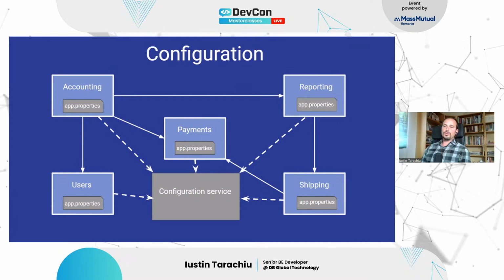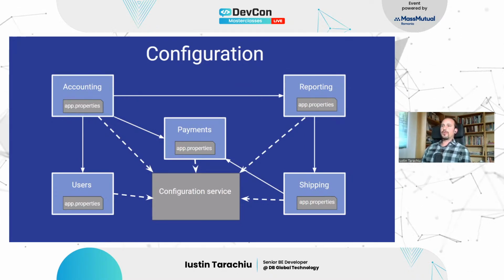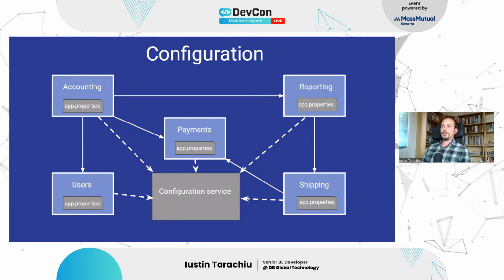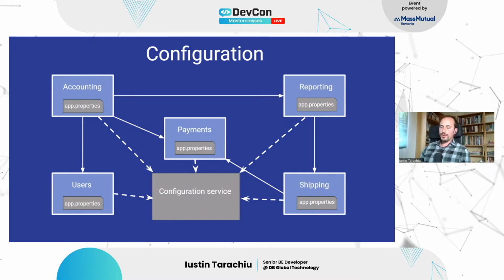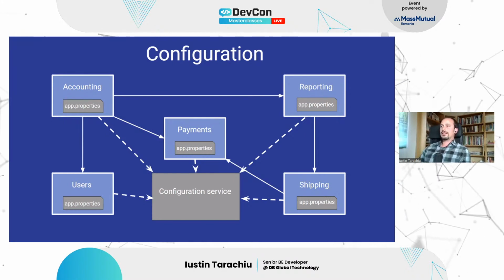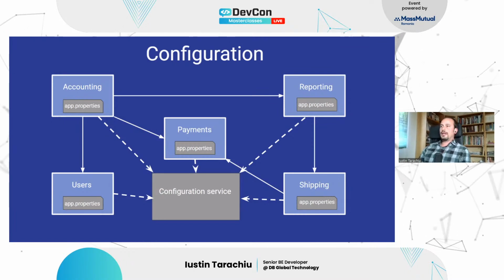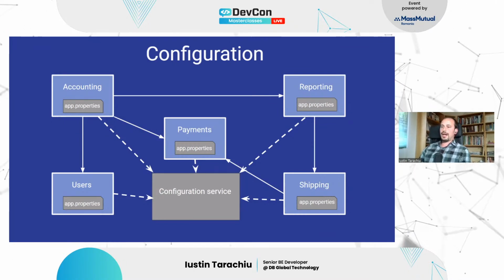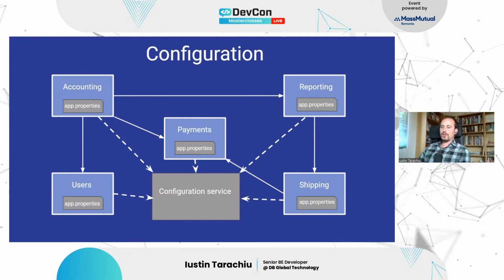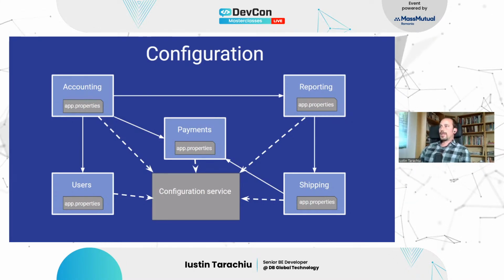Another useful thing would be to have a configuration service. Right now, if we are using this service, all the microservices can get the properties from that service, and even if those properties are changed, we don't have to necessarily restart the service.